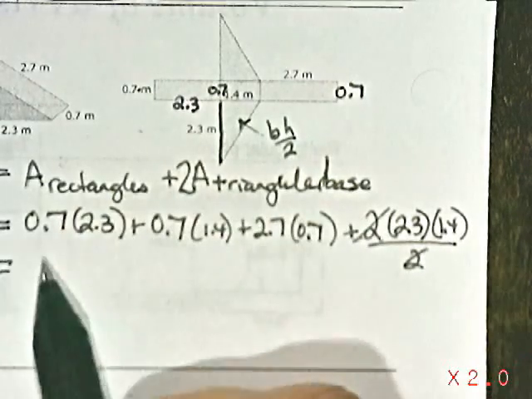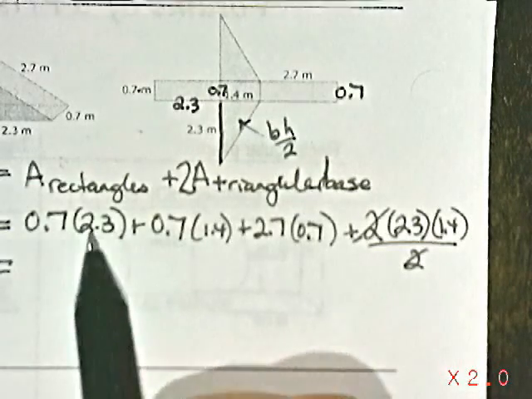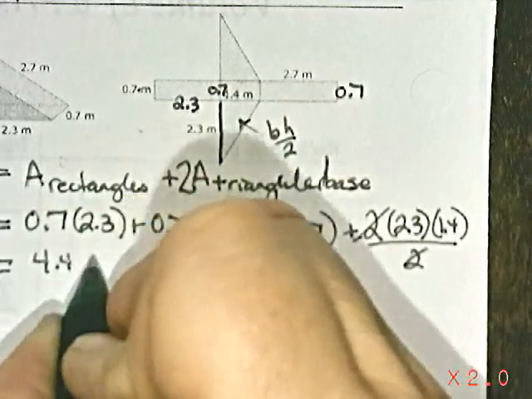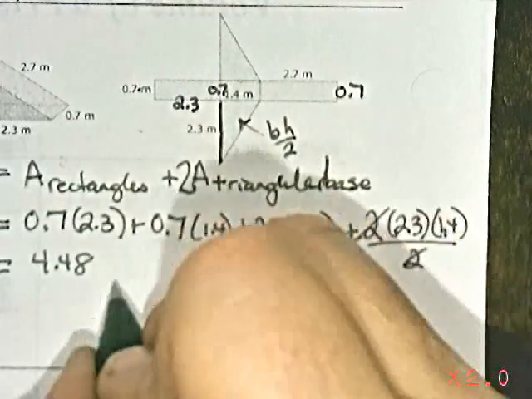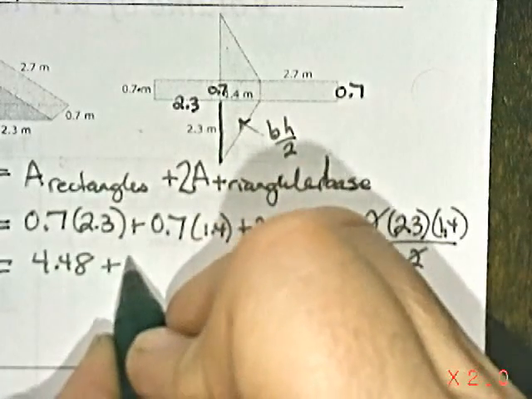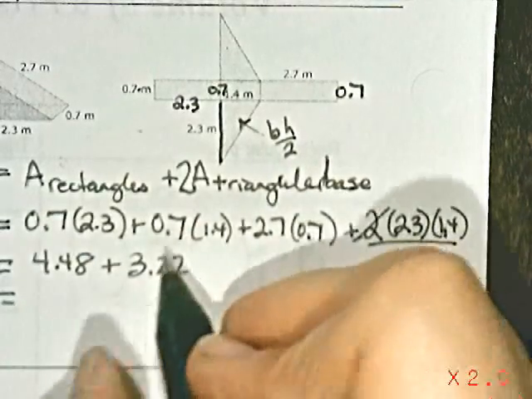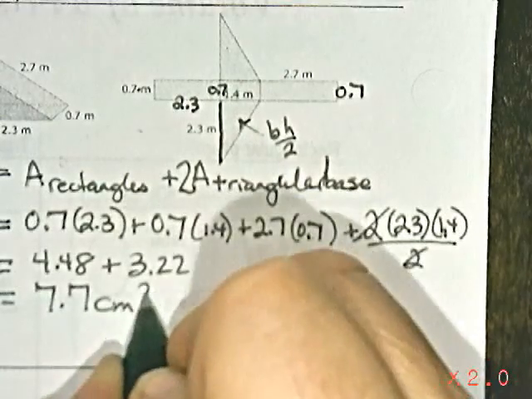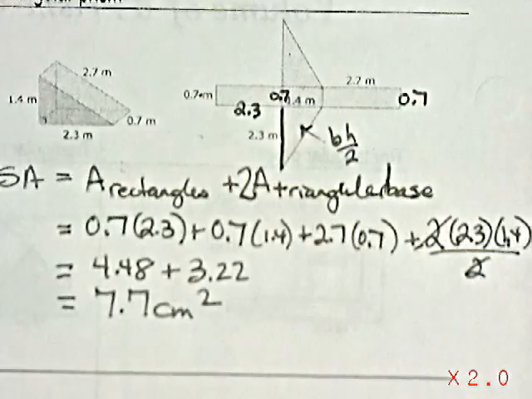And so if we were to do our multiplication and add up all of our rectangles, these 3 rectangle areas come to 4.48 centimeters squared. And this 2.3 times 1.4 for the triangular area, both of the triangular areas here, will come to 3.22. And if we add those two amounts together, we get 7.7 centimeters squared for the surface area of that triangular prism.